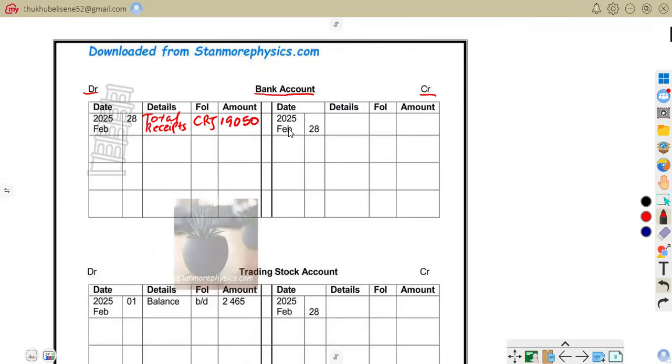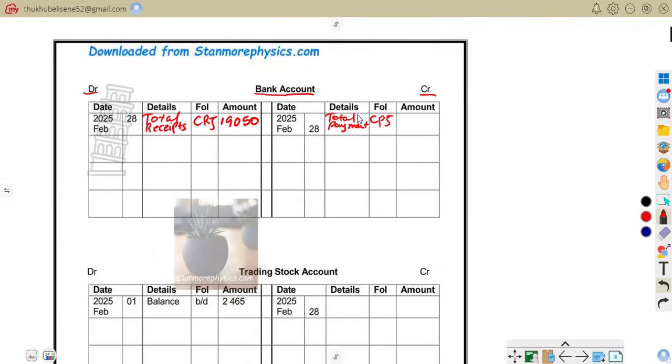But on 28 February, on the credit side, we have the cash payments journal. So we have total payments here, which means we're talking about CPJ.